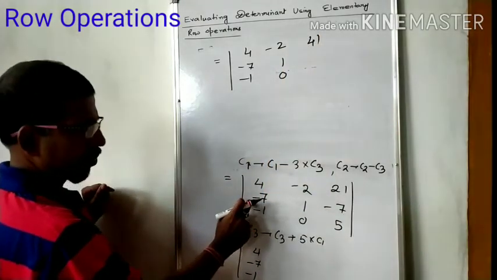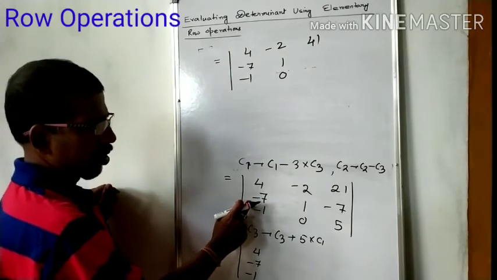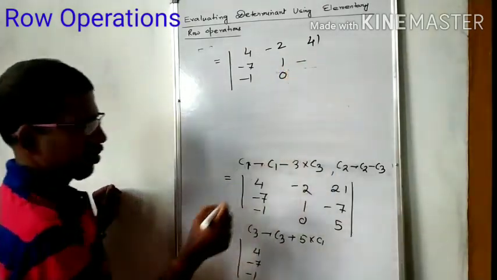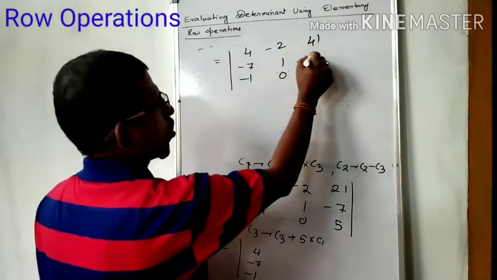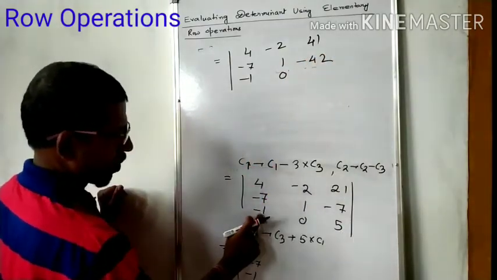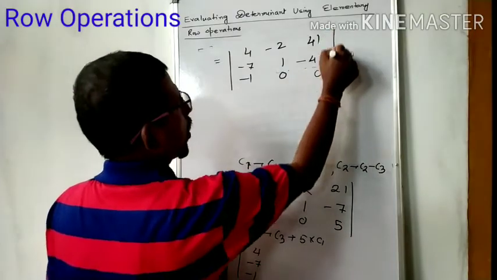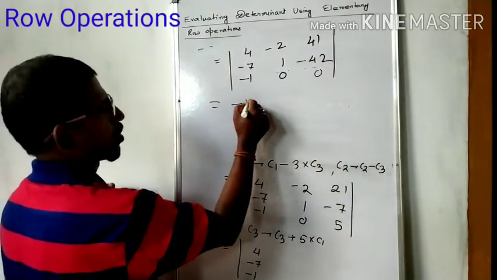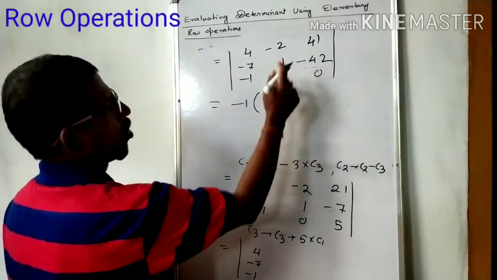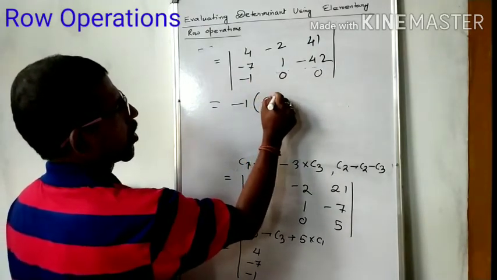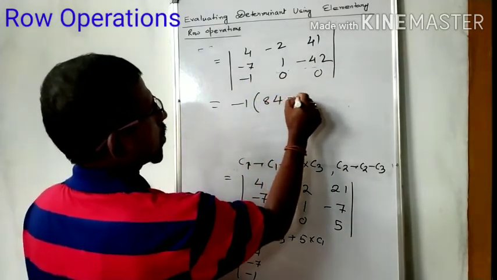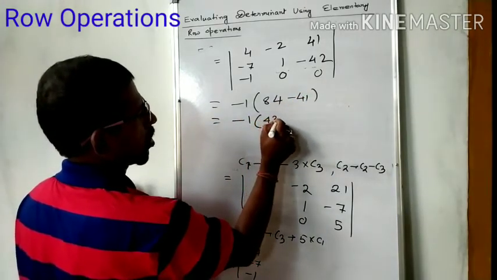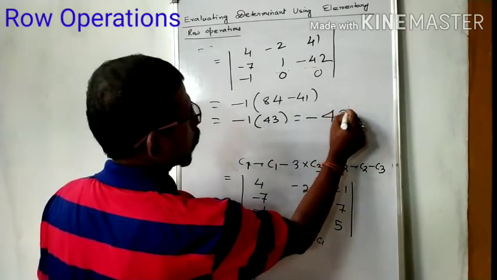And minus 7, it will be adding, so 35, so minus 42. Then 5 multiplied by 0, it will be 0. Now you can easily expand by C3. So what will be minus 1? This will go, 42 times 2 is 84 minus 41. So it will be minus 1 times 43. The answer is minus 43.